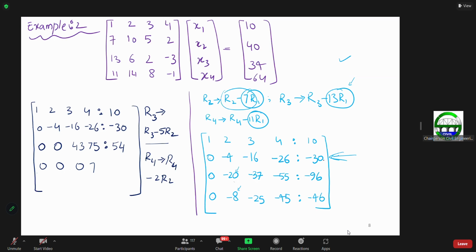Okay, wait. We made this one. First, we make this one 0, and then we make this one 1, 2, 3, 4. Sorry. This is sometimes really confusing.